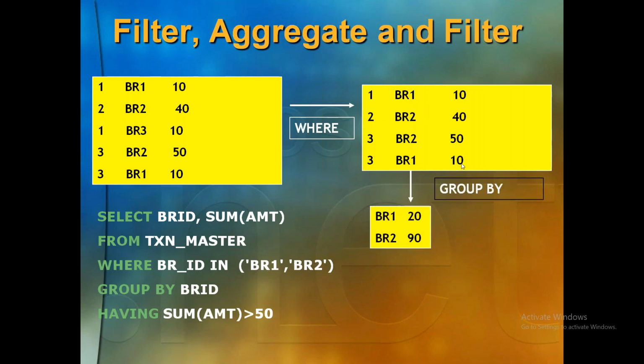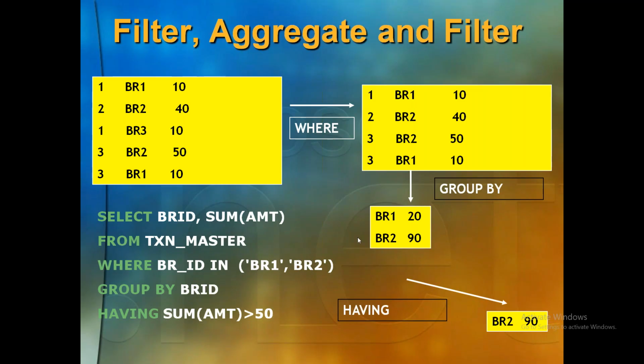BR1 10, BR1 10, 10 plus 10 is 20, BR2 40 and 50 is 90. The second step has happened, but I don't need this data. I'm saying having sum of amount greater than 50. The having clause is applied after aggregation. If the sum of amount is greater than 50, show me. So the final result is branch BR2.